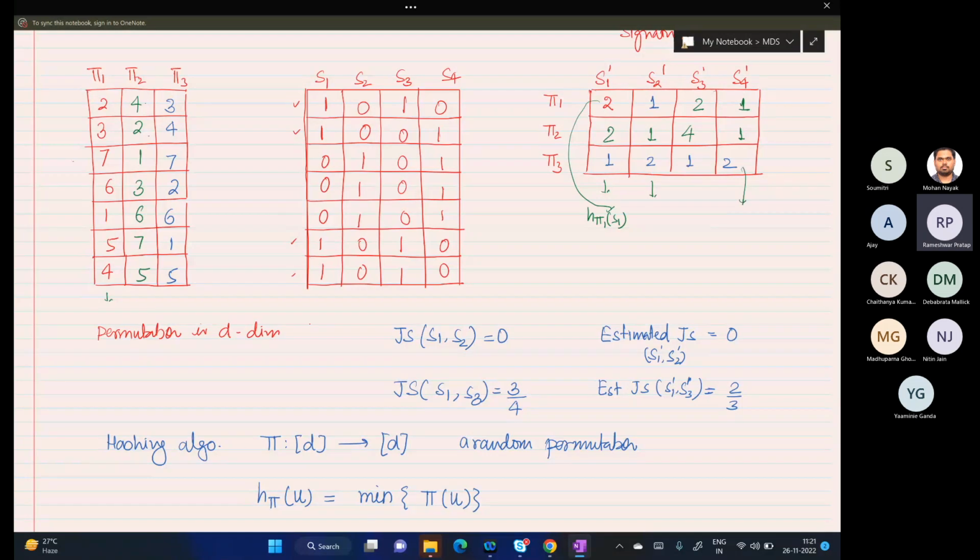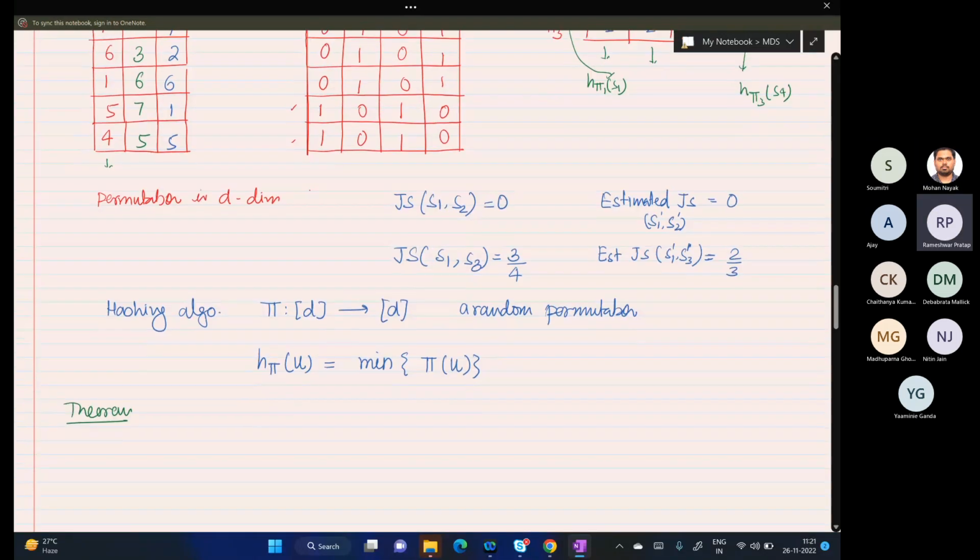Similarly, this is for H pi3 S4. So basically, we are just filling these entries. Is this point clear to everyone? Yes, sir. Okay.